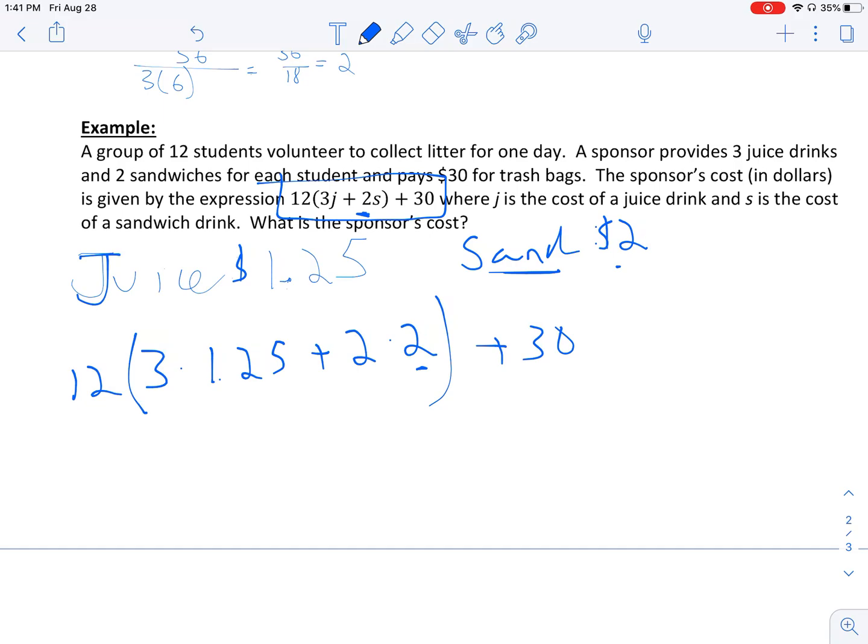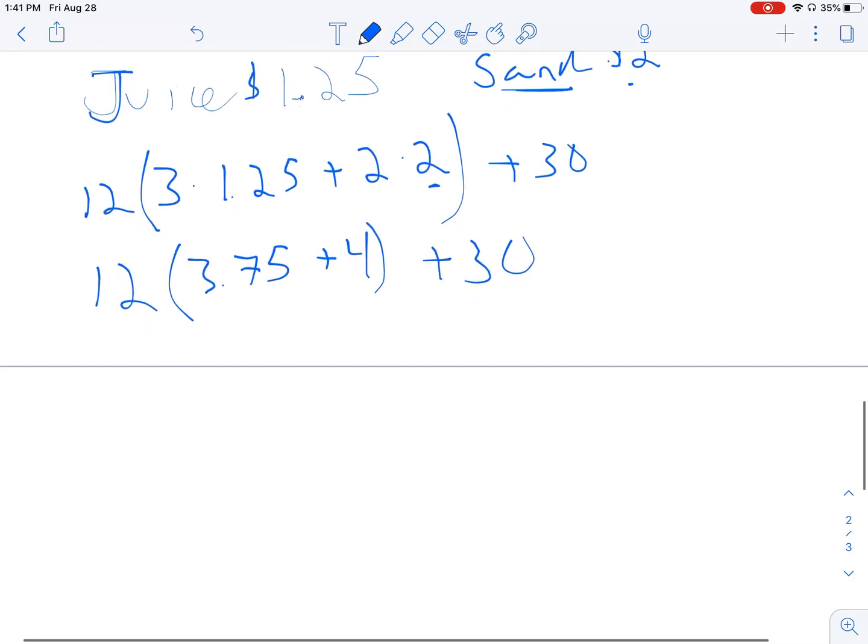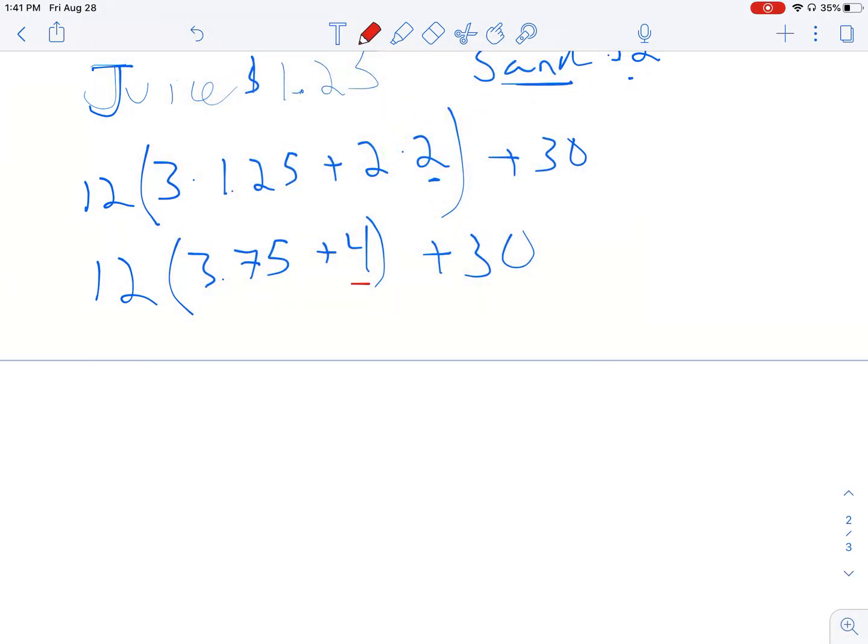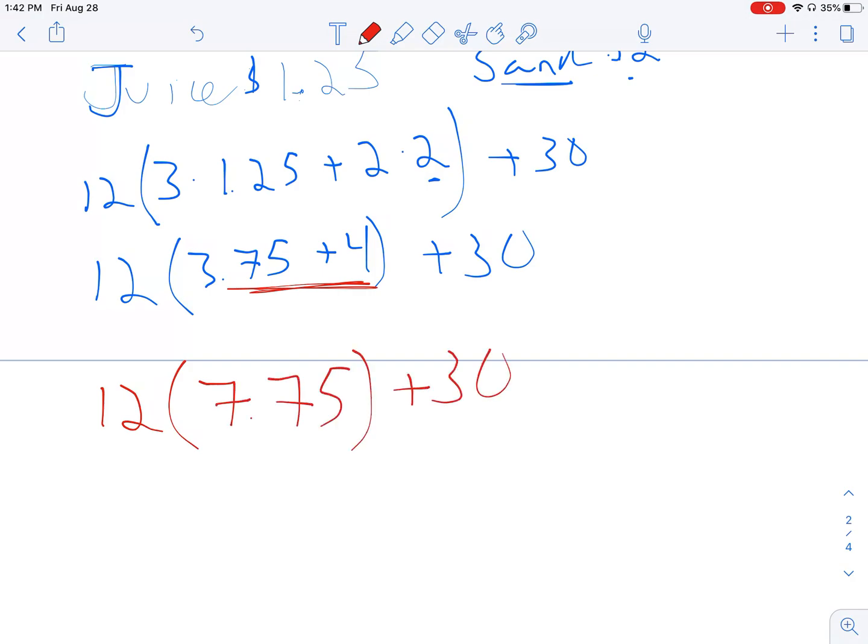All right, when we compute the stuff inside of the parentheses, we get 12 times (3.75, because 3 times 1.25 is 3.75, plus 4), plus 30. All right, when we add the stuff inside the parentheses together, we get 12 times 7.75 plus 30.